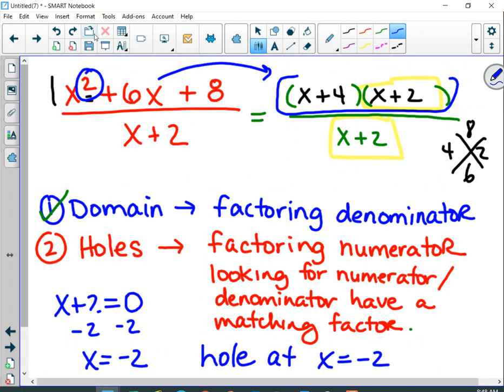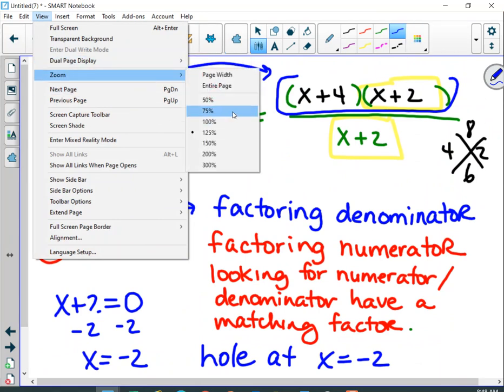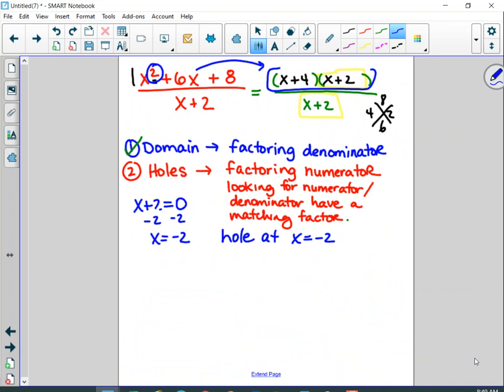All right, this is probably everybody's least favorite part. However, this is the part you're going to use later if you take calculus, when we do limit questions and we have a hole. So we have a hole at x equals negative 2. You're now going to make me a new function with no hole.